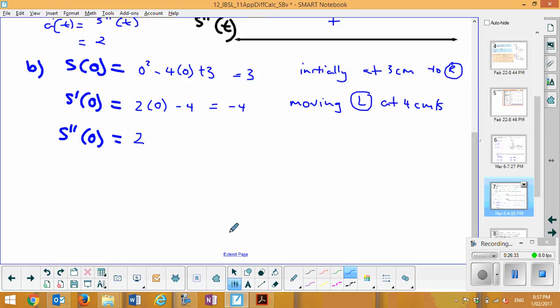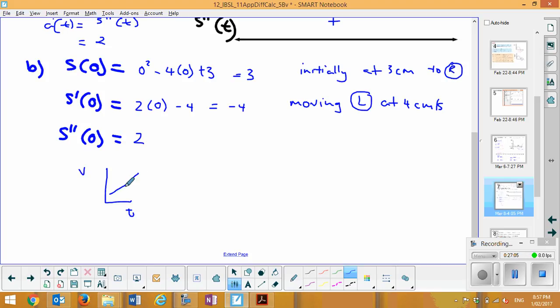All right, this is getting harder. What does our 2 mean? Remember that we could interpret that as speed, but it means our velocity is becoming more positive. That's what a positive second derivative means. It means our velocity function is increasing. Remember, if this is our velocity-time graph and we've got a positive gradient, it's going like this.